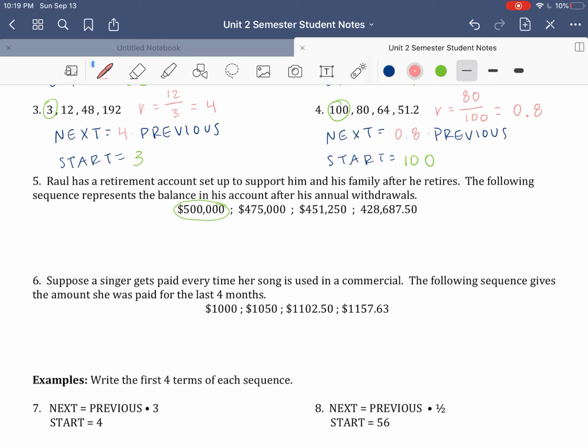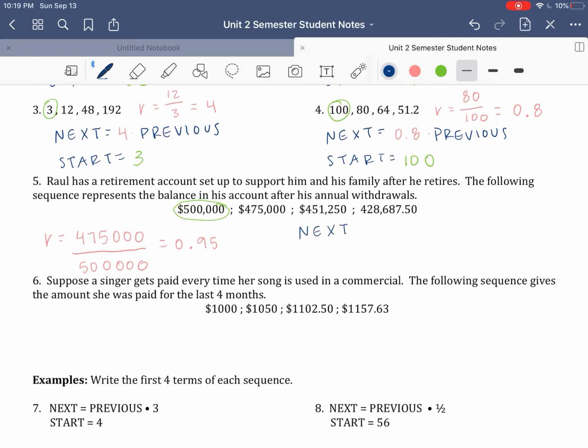And to find the ratio, just like before, I'm going to do the second number, 475,000, divided by the first number, 500,000. I'm going to use my calculator to do this one. 475,000 divided by 500,000 is 0.95. And again, I'm going to use the decimal since I don't have to round it. It stays exact.